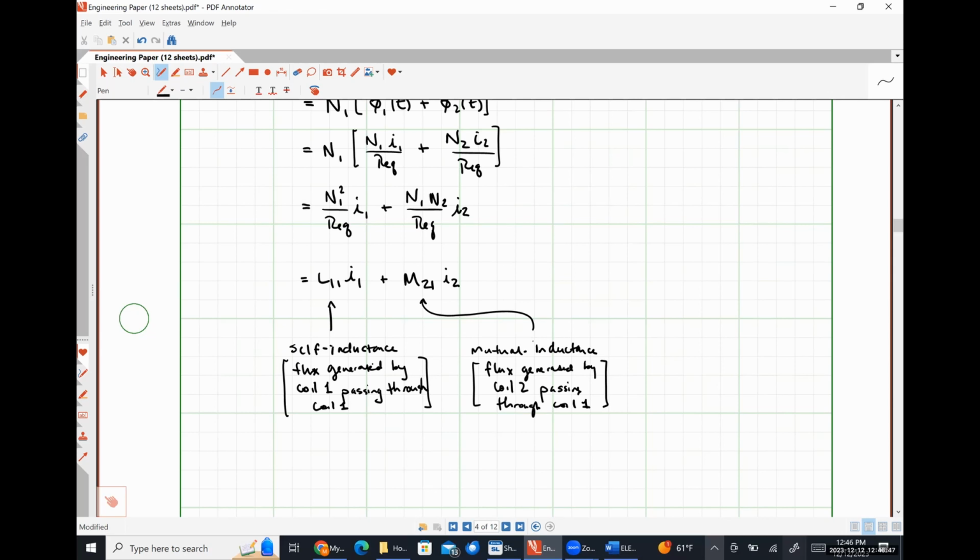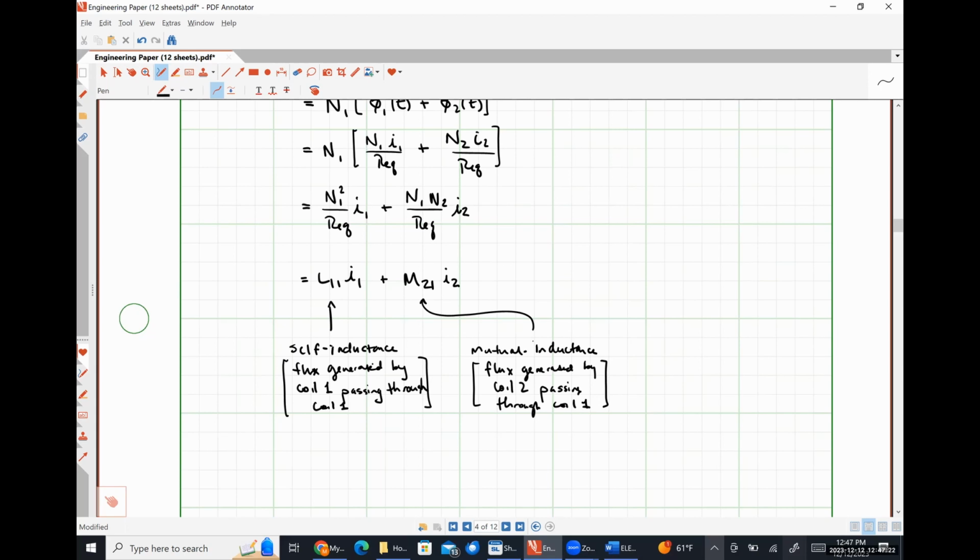Meaning that the mutual inductance of flux generated by coil two passing through coil one is exactly identical to the mutual inductance caused by flux generated by coil one passing through coil two. So it doesn't matter which coil is originating our flux and which coil it's passing through, the mutual inductance terms are always going to be identical. And we can use that to our advantage in analysis of these systems, which we'll do here in just a moment.